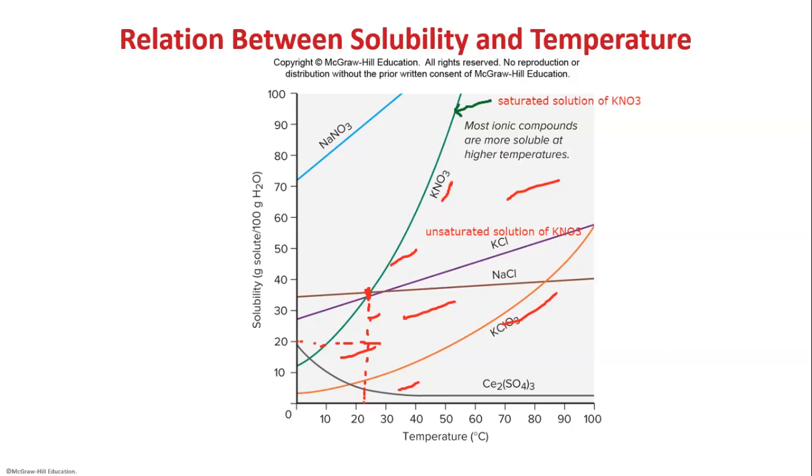So for example, at 50 degrees Celsius, if I was to draw a straight line at 50 degrees Celsius, and then from there draw another straight line, I would see that at 50 degrees Celsius, approximately 88 grams per 100 milliliters is the solubility.